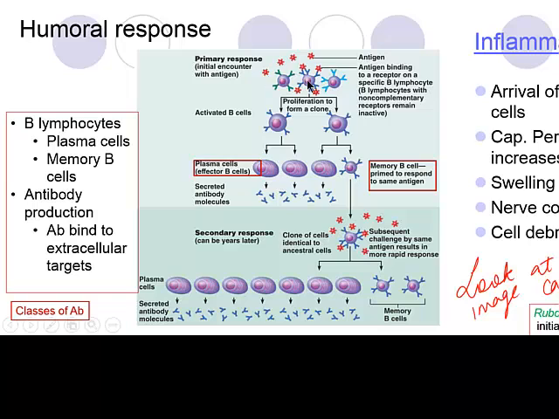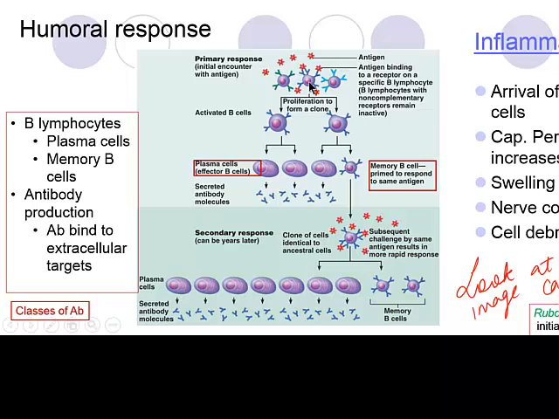So here are a bunch of lymphocytes with various receptors on the surface of their body, and an antigen enters, and that antigen, as we saw, could be a protein, a carbohydrate, lipid, nucleic acid. It could be a whole cell coming into your body, part of a cell, a virus, bacteria, anything.